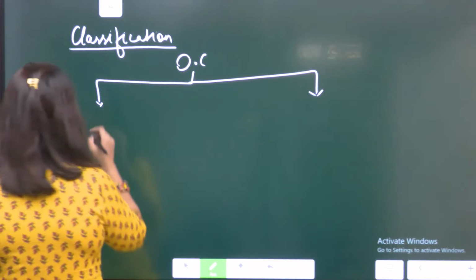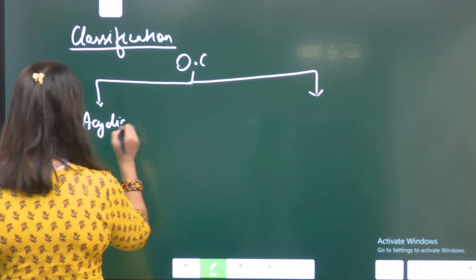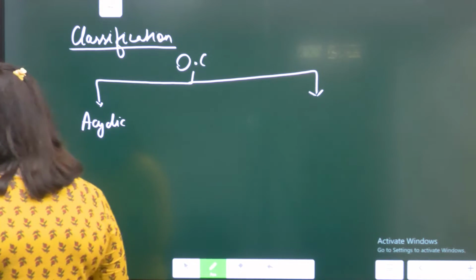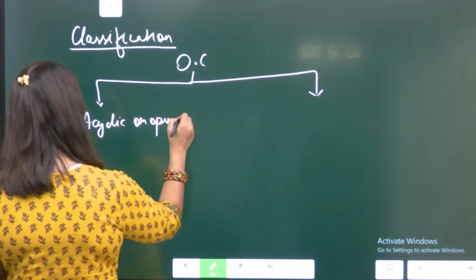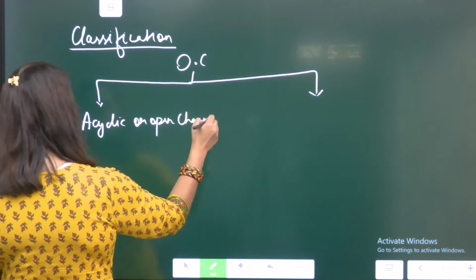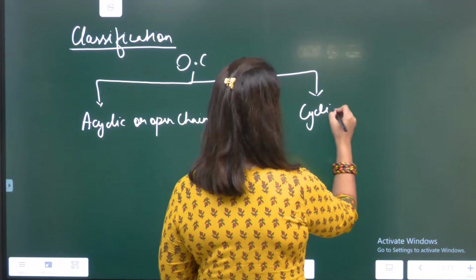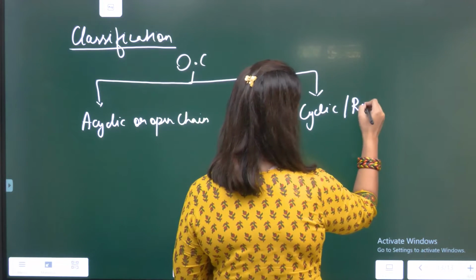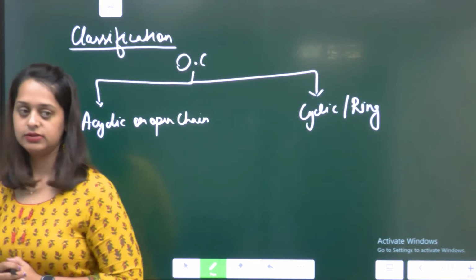What are these? Acyclic or open chain compounds, whereas cyclic or ring compounds, right?